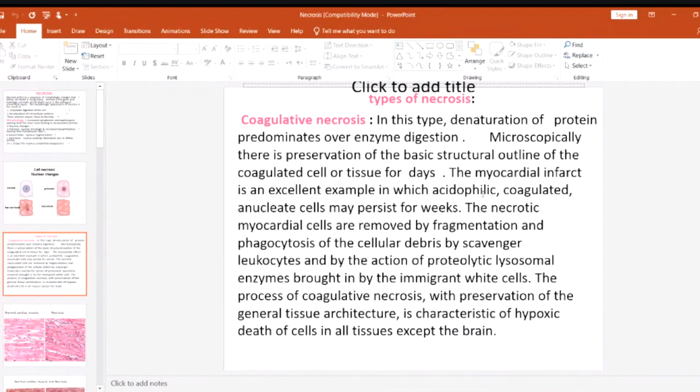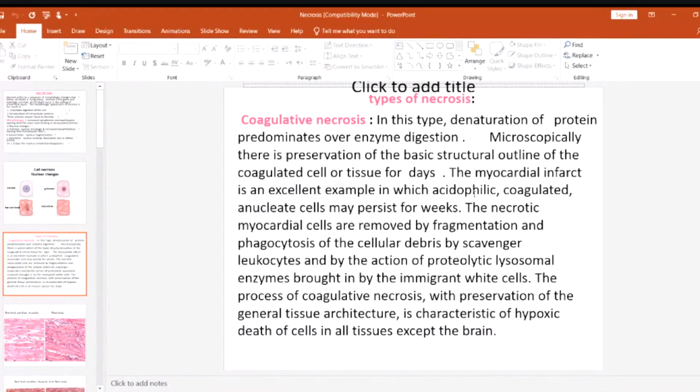A typical example of coagulative necrosis is myocardial infarction. Infarction means necrosis, which is usually caused by a cut to the blood supply. So myocardial infarction means myocardial muscle necrosis.